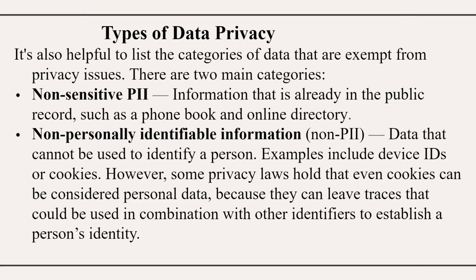And this could be traced to the location attached to those cookies and whatnot. It could be anything, right? And the moment they establish the identity of that person, the information is no longer private. So these are the types of data privacy.